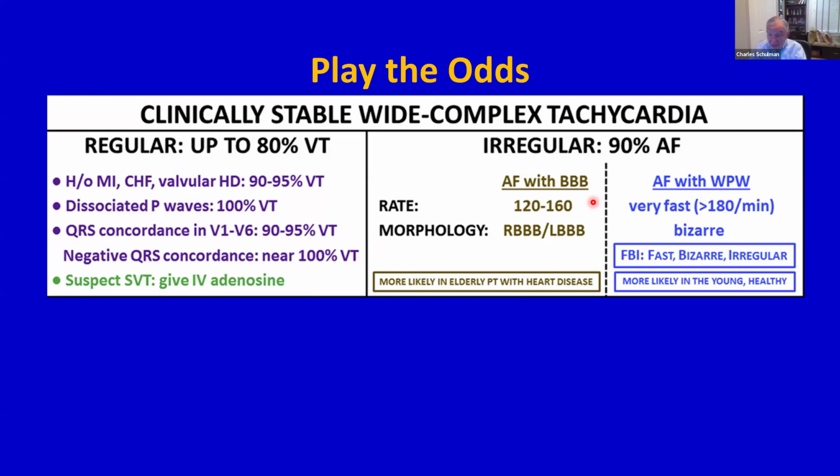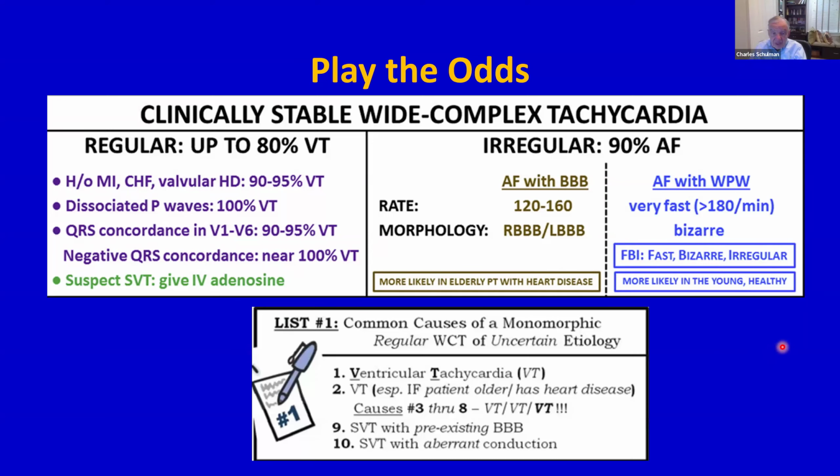With the same bundle that they had before. Or atrial fibrillation with WPW, which is fast, bizarre, and highly irregular, more likely in young or otherwise healthy individuals.